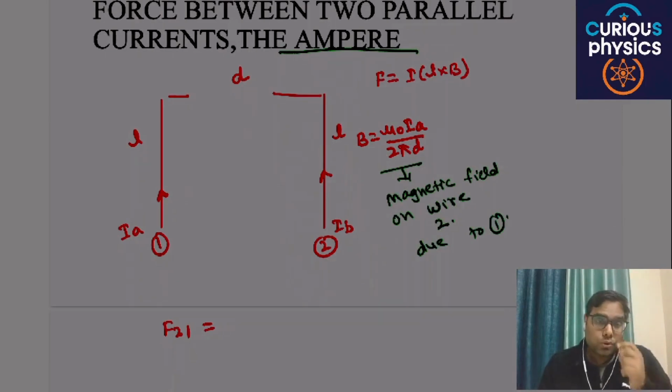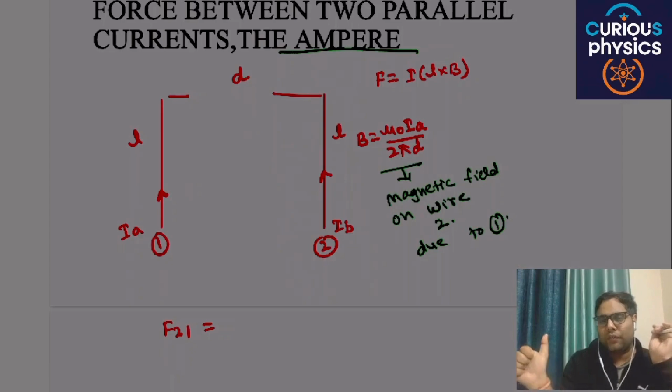Now the question is, what will be the direction of magnetic field? I told you so many times in these chapters related to magnetic field, the direction of magnetic field is very, very important. Magnitudes can easily be found with the help of formulas. As I told you, in case of Ampere circuital law, you have to put your thumb in the direction of current, and the curl of fingers will show the direction of magnetic field.